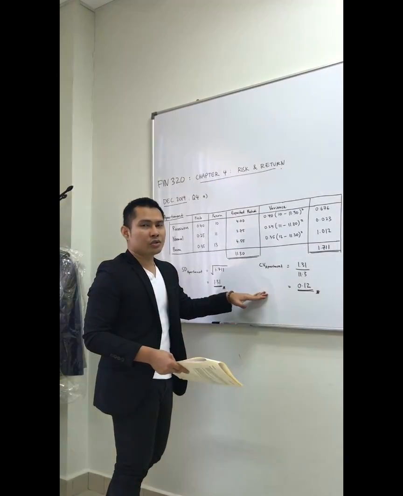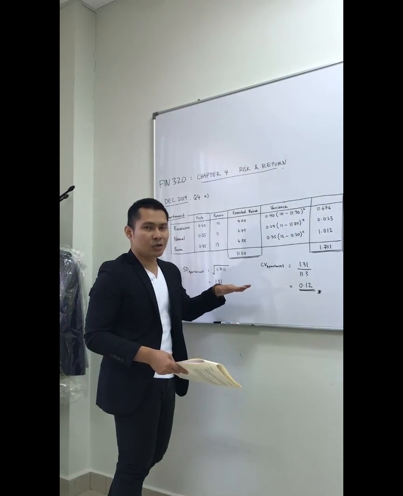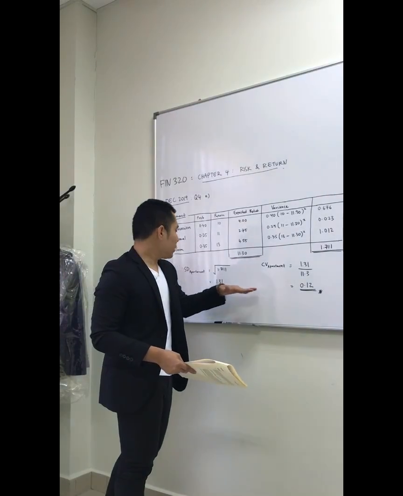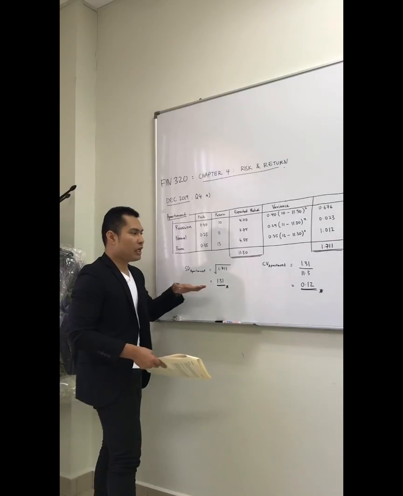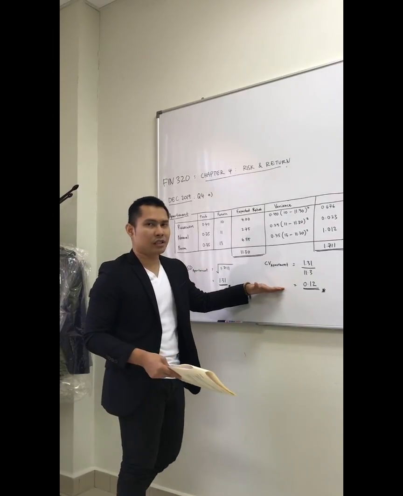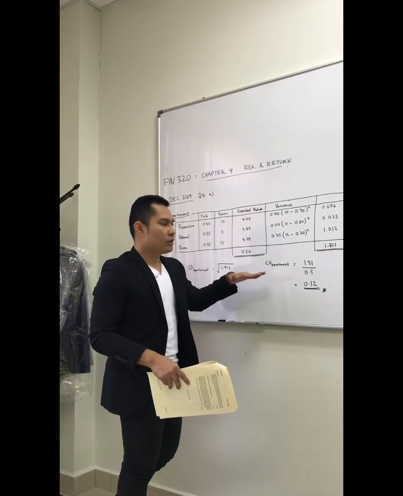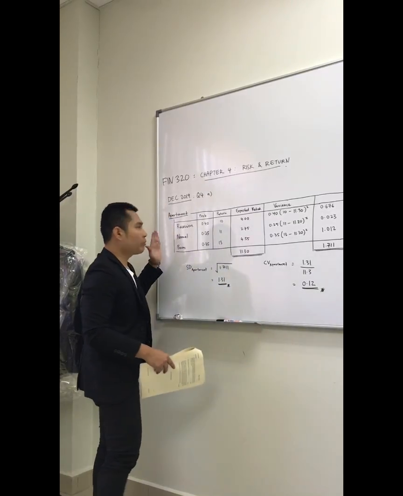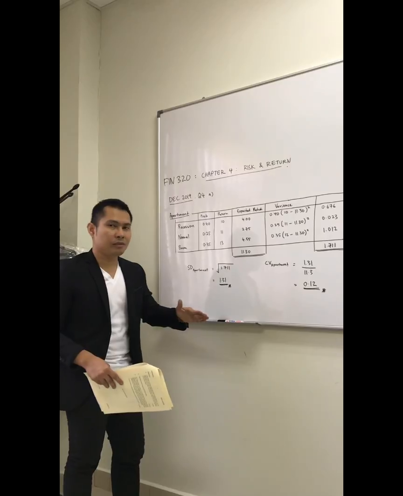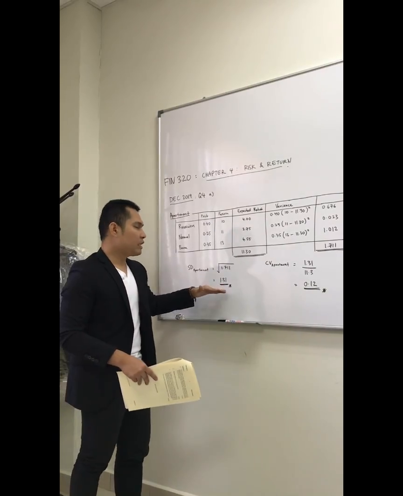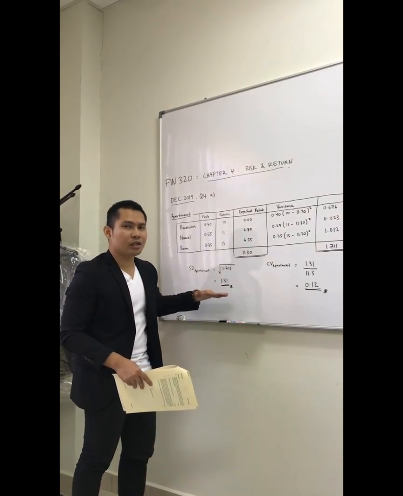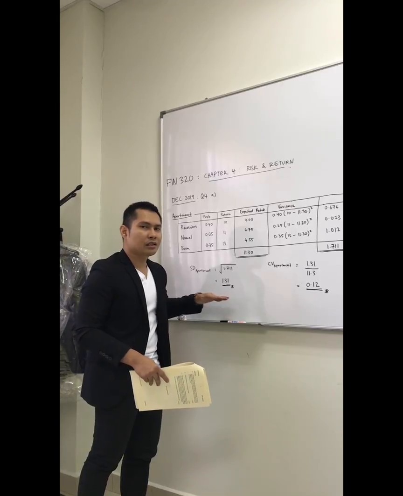Choose the one that is lowest. The lower standard deviation and coefficient of variation signify a lower risk. So if you compare apartment and condominium, pick the one with the smaller number. The smaller number means a lesser risk.